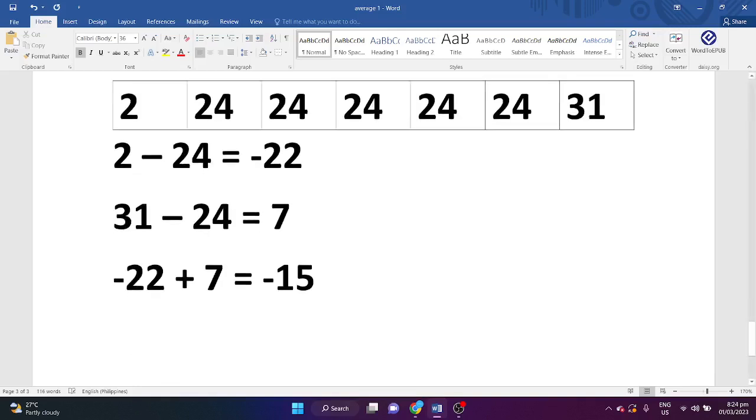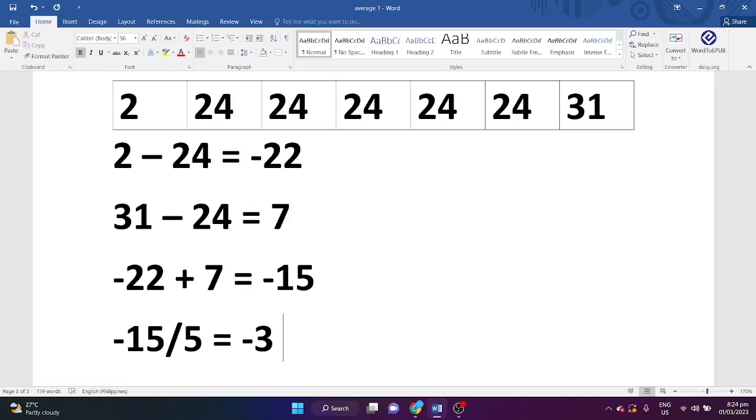Now, negative 15 divided by 5 is equal to negative 3. So we lack 3, so we need to compensate for the lacking, the 3 na kulang natin doon sa ating problem. So what do we do?